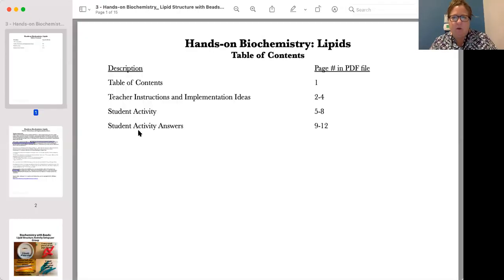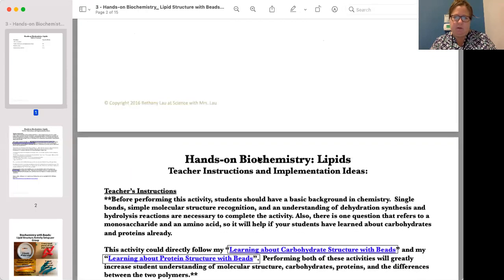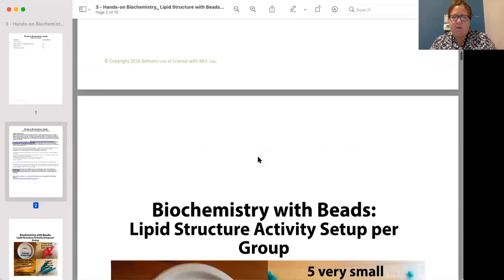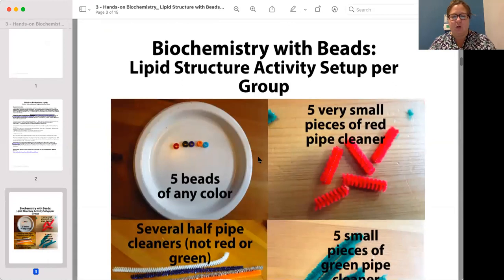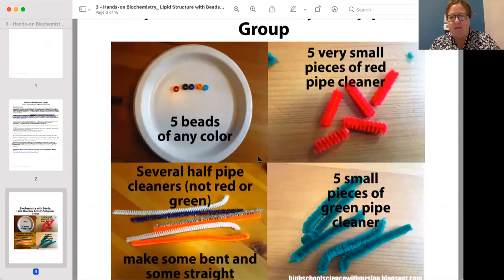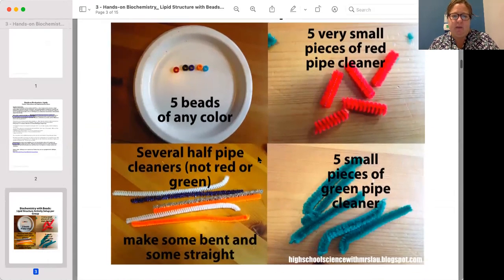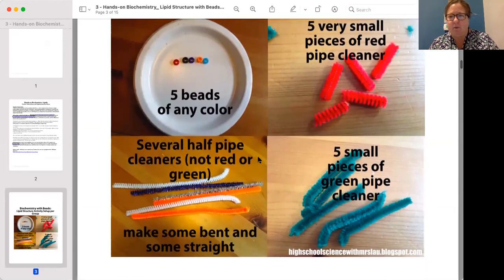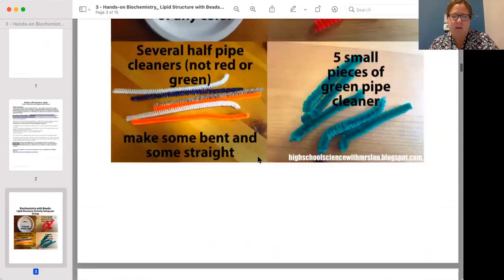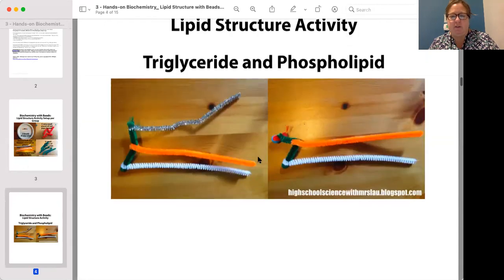So let me share this with you. Okay, lipids. With the lipids, these groups had 5 beads, some half pipe cleaners, and some small pieces and some medium pieces. Let's read through what this group made.